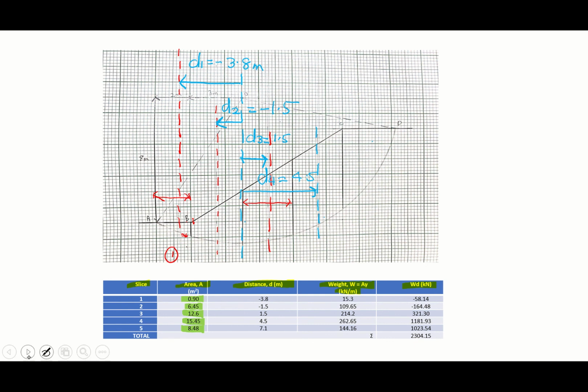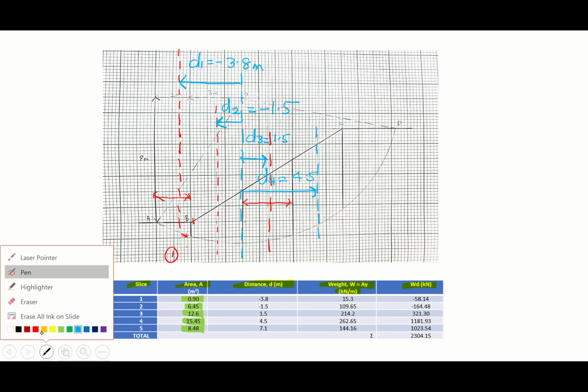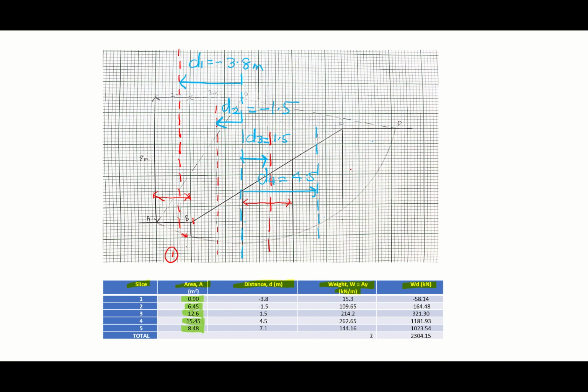The last slice will be the slice that looks like a triangle. So you need to take 1/3 of its width, and that 1/3 position is here. Again, you are measuring from the centroid to that point.